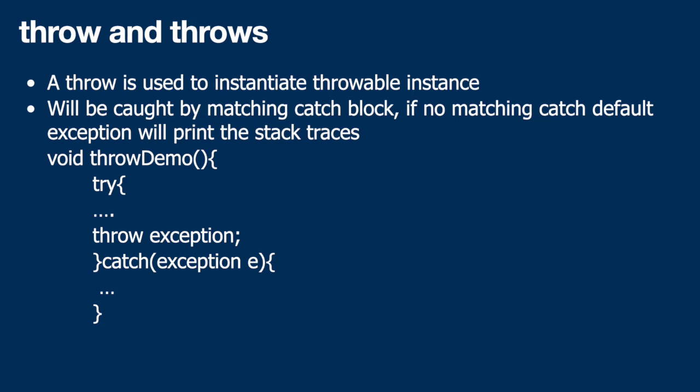As you can see, as an example, you have void throw demo, and then we use the try catch block, and in the try statement we throw an exception. This exception is a specific type of exception, and then we will follow it with a matching catch with a similar exception. Okay, if we say arithmetic exception, we will use arithmetic exception.